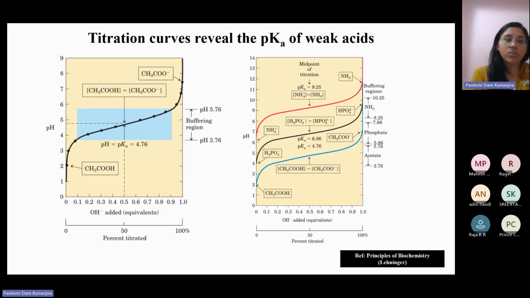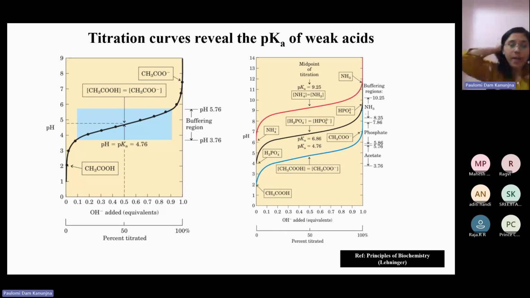You are using a known concentration strong base, OH minus, which comes basically from NaOH. So you use NaOH and a certain amount of acid that you want to find out how much is present in this particular solution. You add both of them, mix both of them till they are neutralized. At the point that they're neutralized, you get to know how much of this acid was present in your solution.